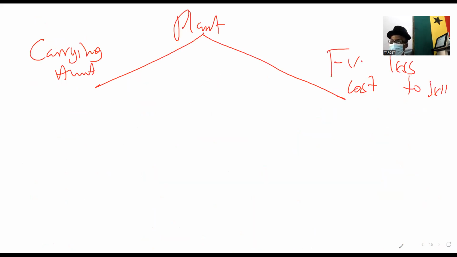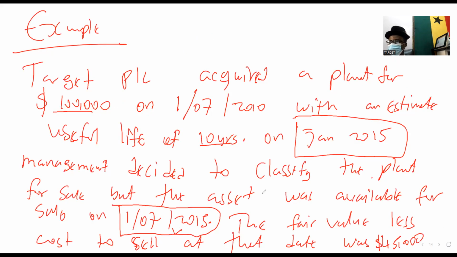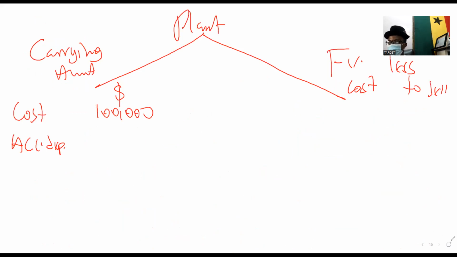So first of all, cost of the asset. Tell the examiner the cost of the asset is $100,000. Accumulated depreciation, help me out. From 1st July 2010 up to 1st July 2015, how many years and how many months? Please here, don't feel shy to count your fingernails.